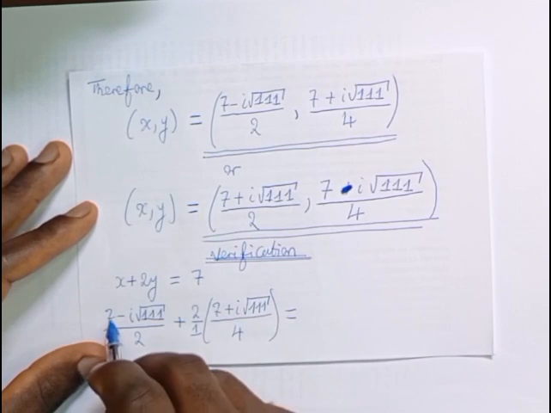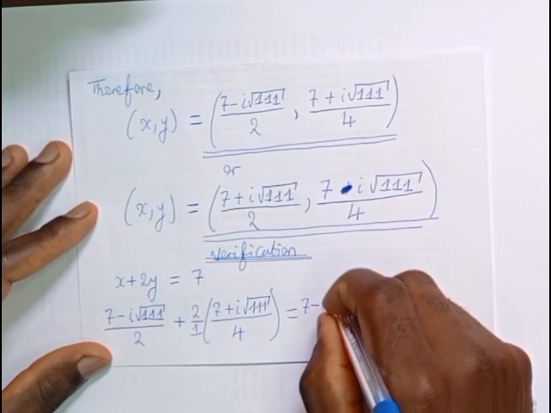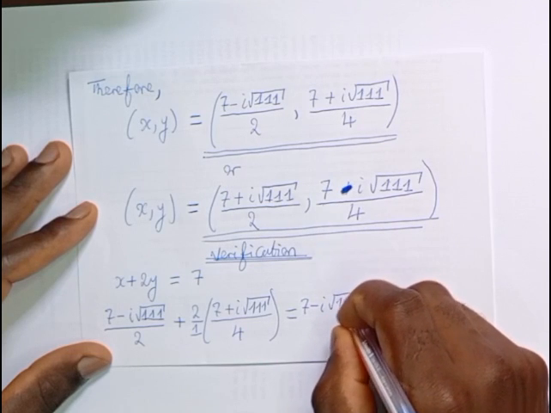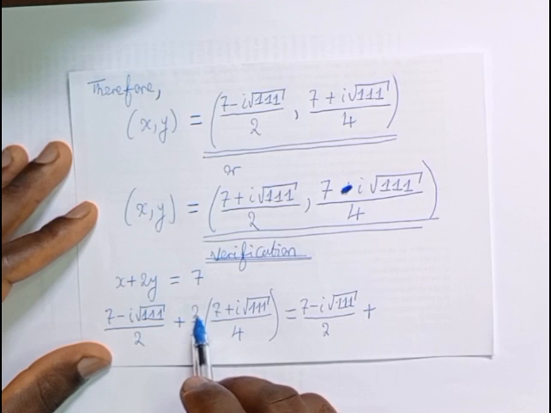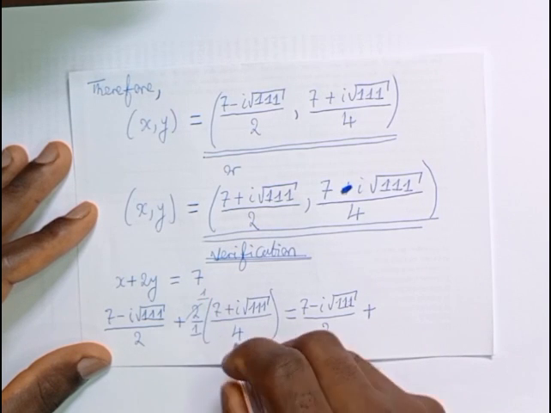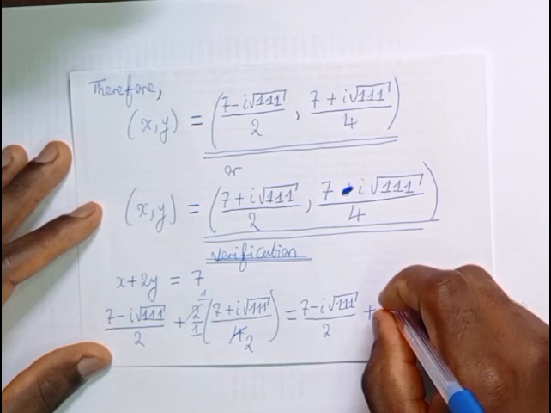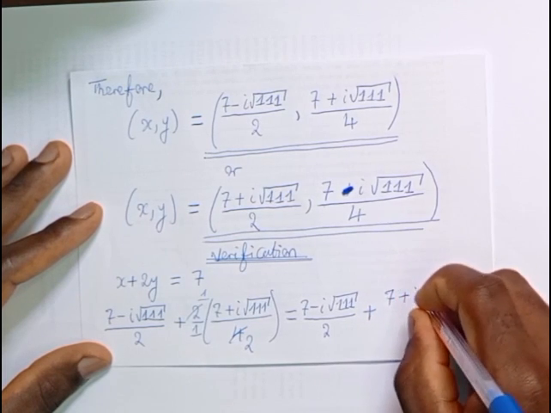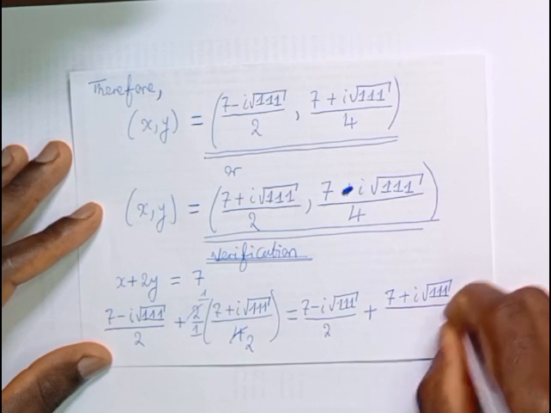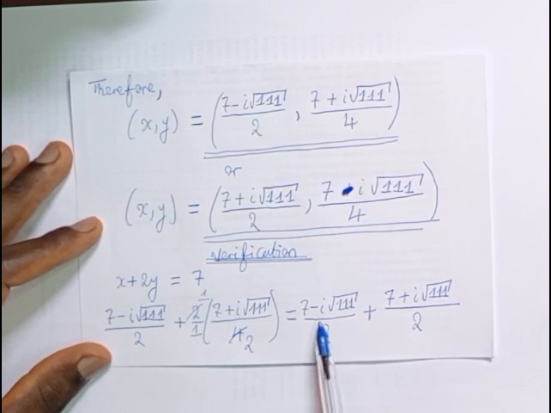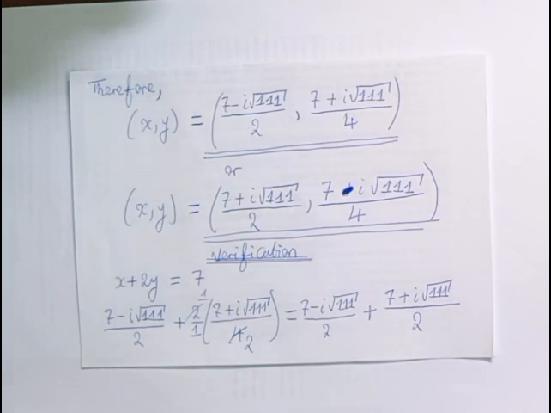This will simply be equal to (7 minus i root 111) all over 2 plus, simplifying, 2 over 1 times, 2 going into 4 two times, we'll be left with (7 plus i root 111) all over 2. These two fractions have a common denominator. We maintain the common denominator, then add their numerators.